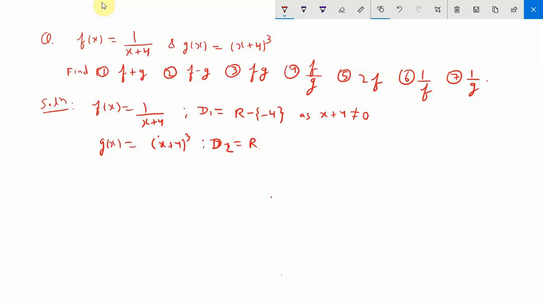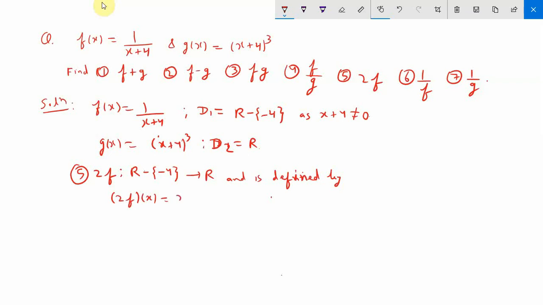So next we have to find fifth one, 2f. So 2f will be, as domain of f is R minus {minus 4}, so its domain will also be R minus {minus 4}, to R, and is defined by (2f)(x) equal to twice of f(x).